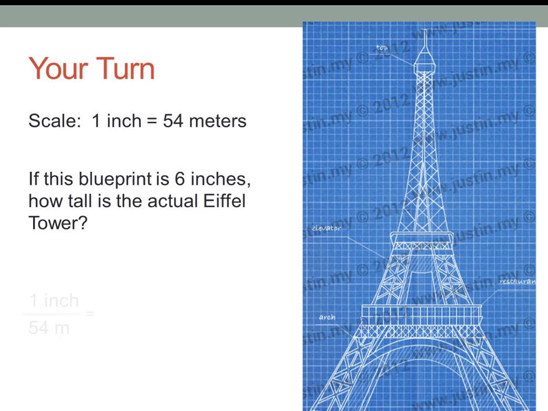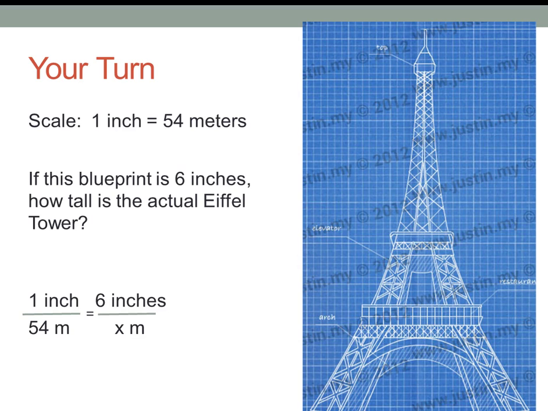All right, welcome back. So let's see. So the ratio is 1 inch to 54 meters. Now I know the Eiffel Tower in this drawing is 6 inches tall, so I need to figure out an equivalent fraction, or in this case I have a proportion, where I need to solve for x. So I need to find a relationship where 1 inch over 54 is equal to 6 inches over something else.